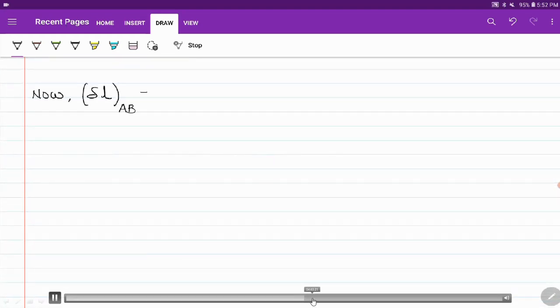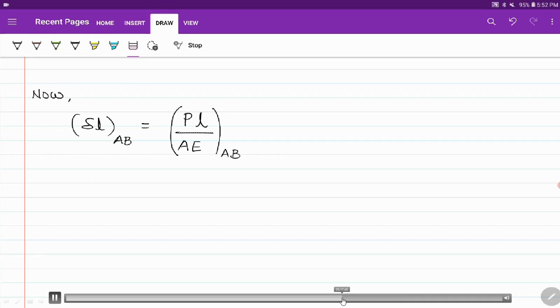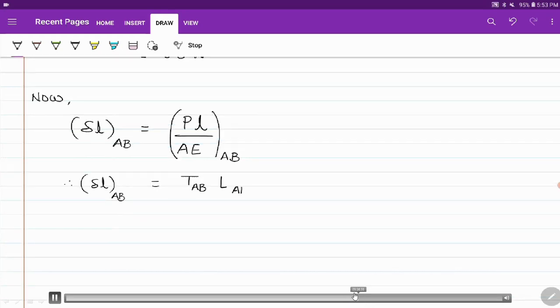Now the deformation of AB is equal to PL upon AE for AB. The force in AB is nothing but the tension in AB, with the length of AB, area of AB and E of AB. We know all these values.